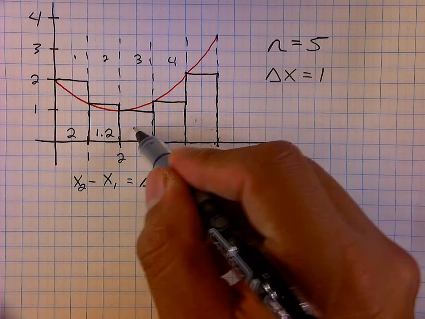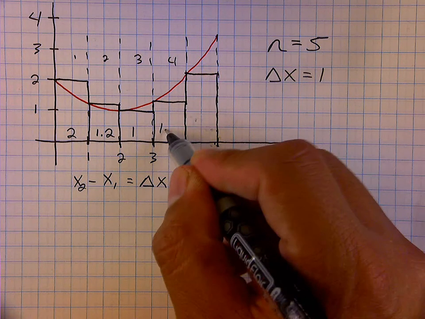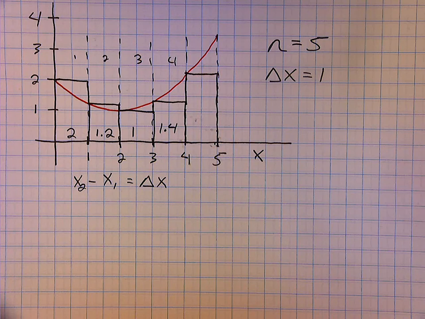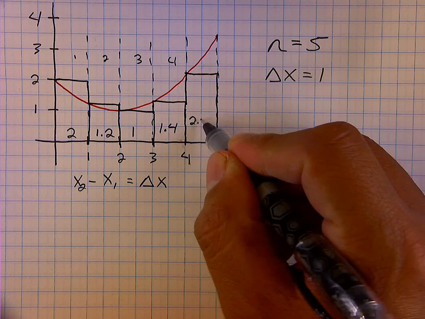Third rectangle has an area of approximately 1. Fourth rectangle, maybe 1.4, only an approximation. And the fifth rectangle has about 2.25, approximately.